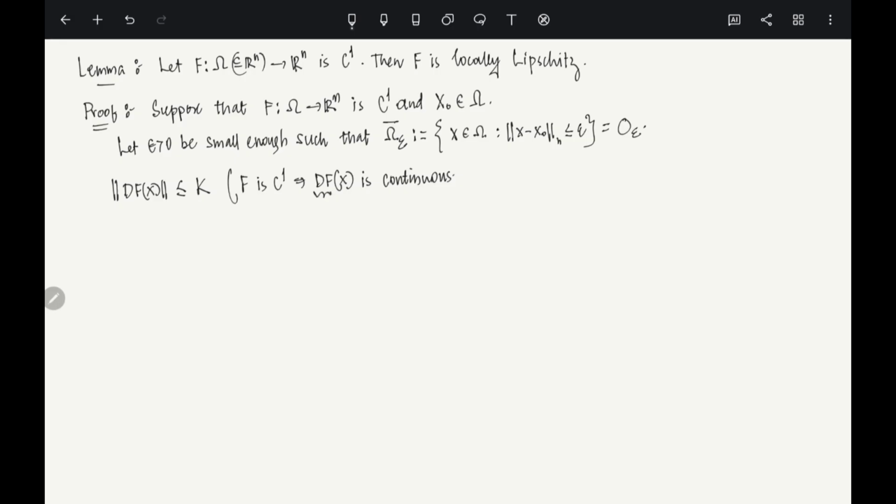So df is a continuous map. Again, df at a particular point x is a linear map, that is different, but anyways here in our case df x is continuous.